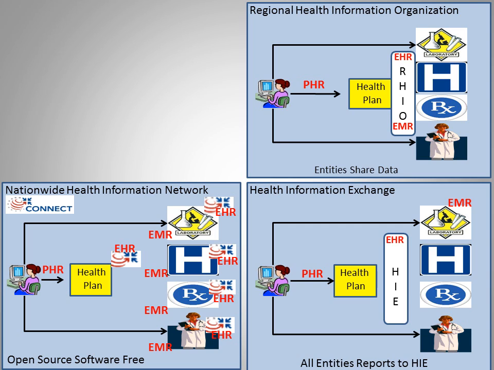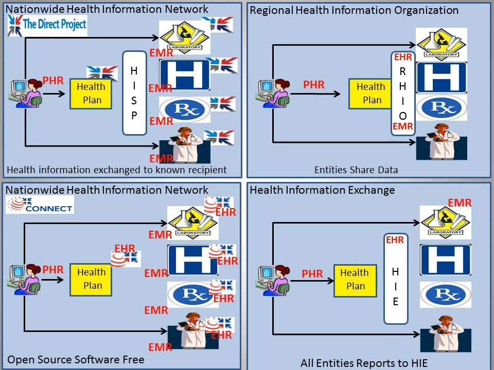In this method, all entities install and configure the open source free software. Through this approach, entities can exchange data with all other entities using the same Connect software. The fourth method is using Direct software, a federally funded project also provided by the Nationwide Health Information Network.